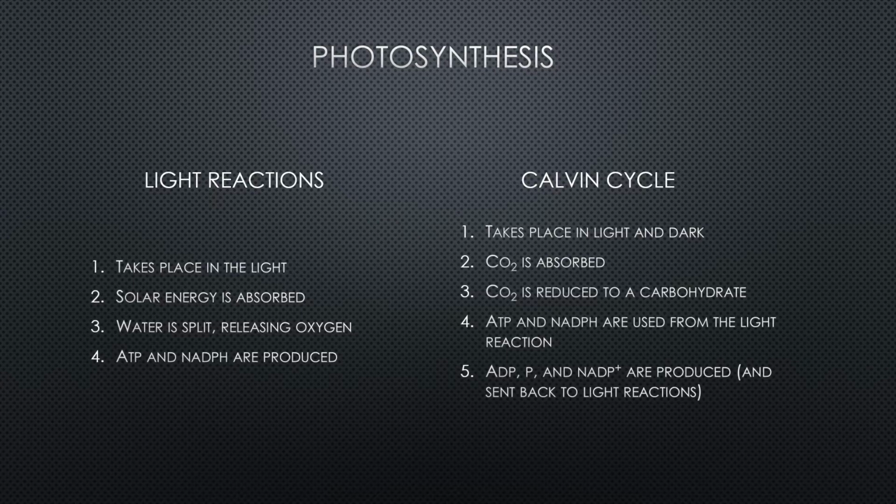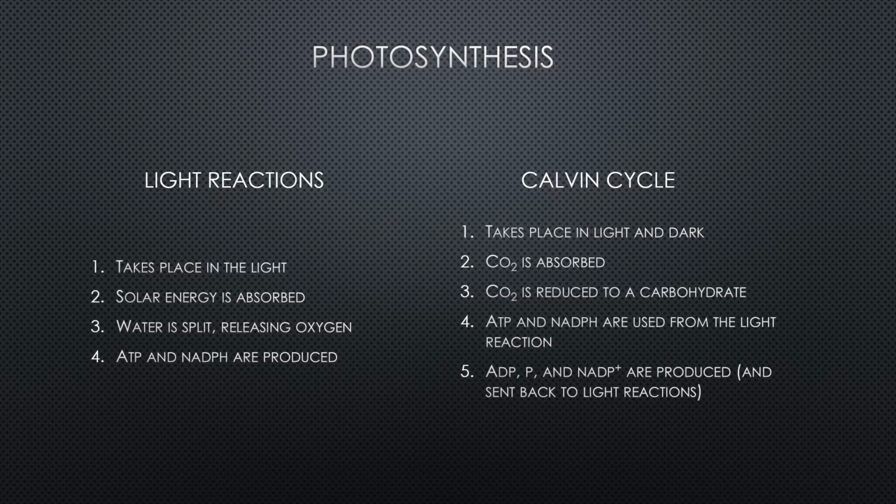And so now we're going to move into the Calvin cycle, where we said that ATP and NADPH are going to be used. So the Calvin cycle can take place in the light or in the dark, it doesn't matter. Carbon dioxide is absorbed during this process, and it's reduced to create a carbohydrate.